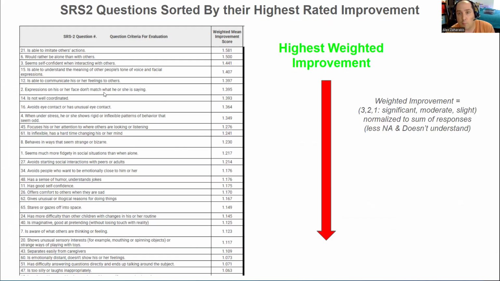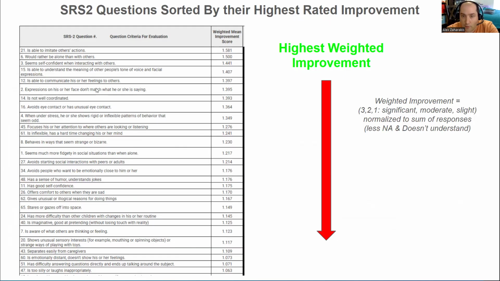The number one in this section is able to imitate others' actions, right? The second one is would rather be alone than with others. Don't take that to mean that the child would rather be alone. It just means that there's improvement in this area, right? Seems self-confident when interacting with others. The parent or the assessor is saying that they are seeing improvement in this area.